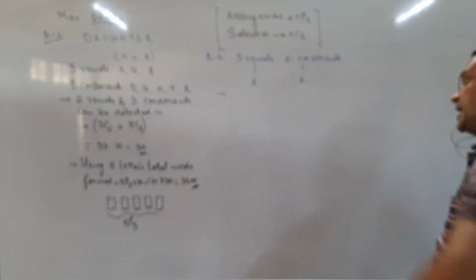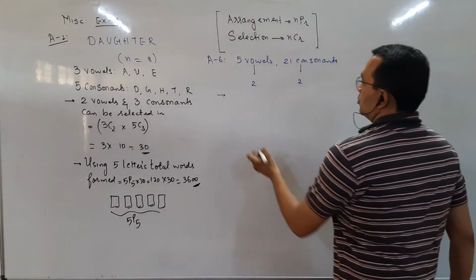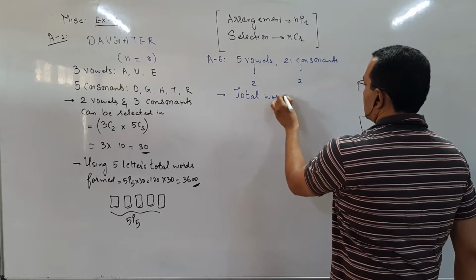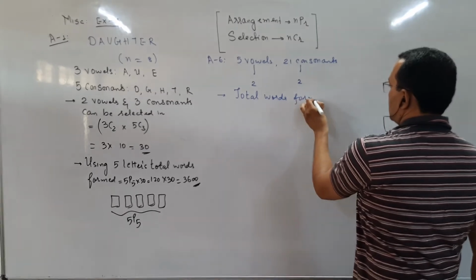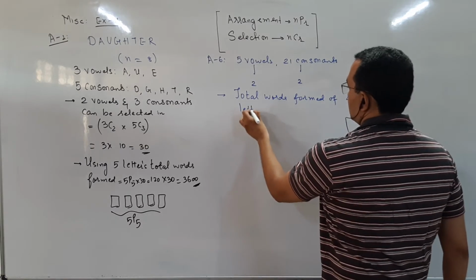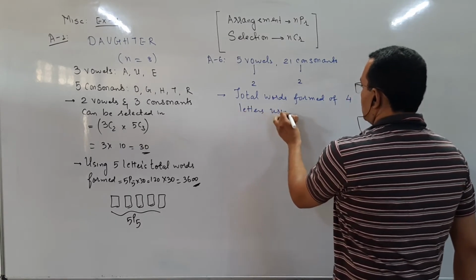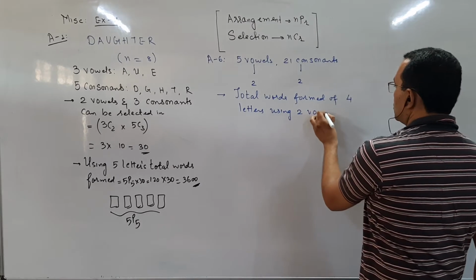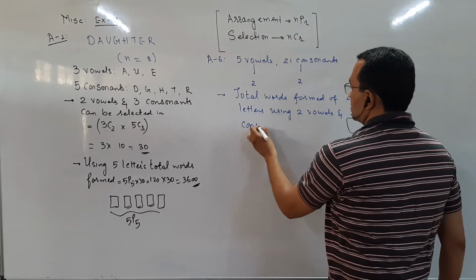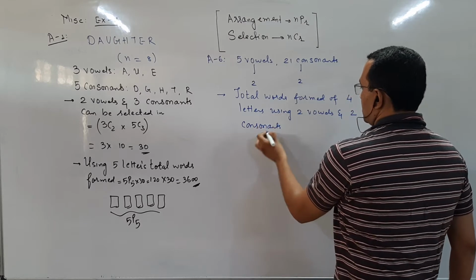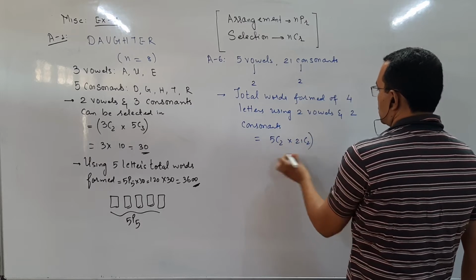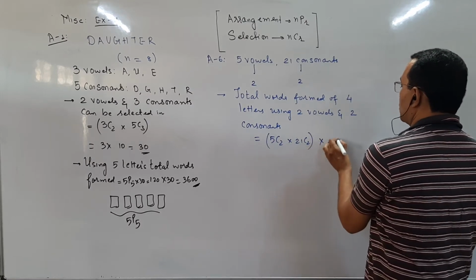Now, I am directly assembling. So, total words formed of 4 letters using 2 vowels and 2 consonants is equal to, first select 2 vowels, select 2 consonants and arrange this form.